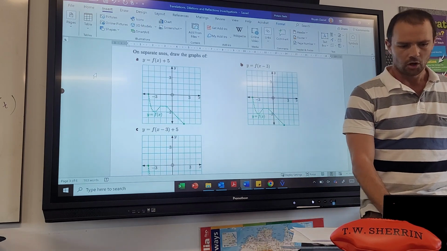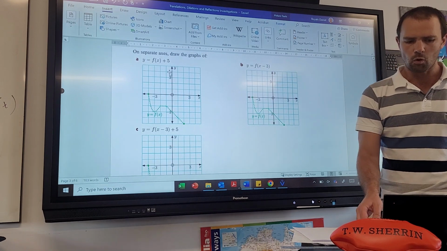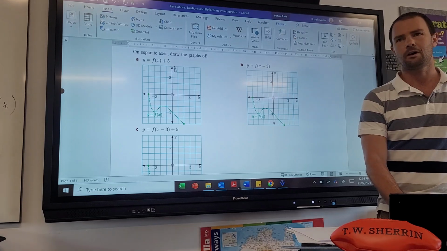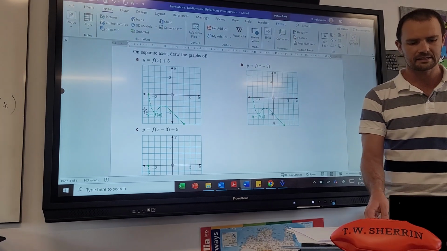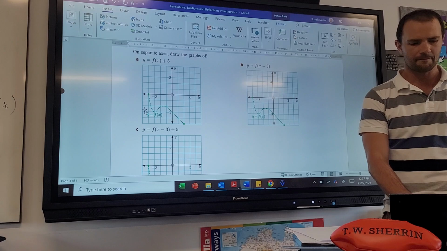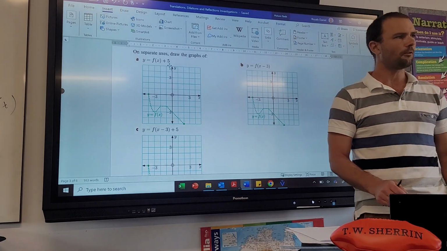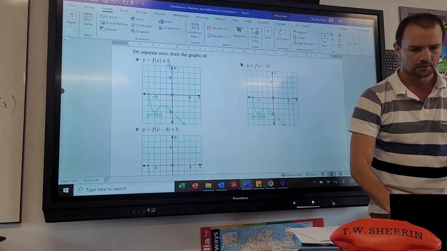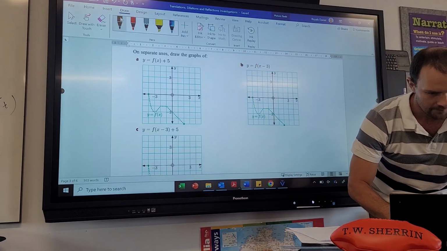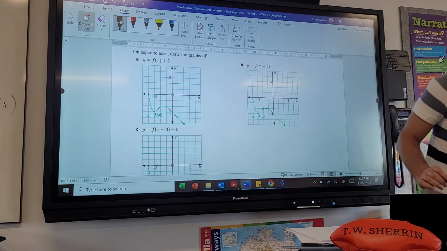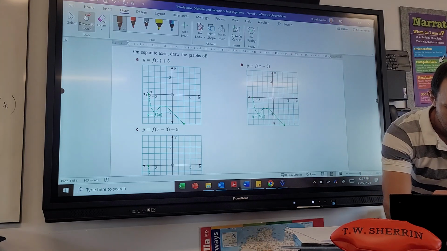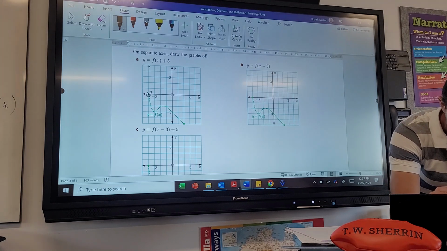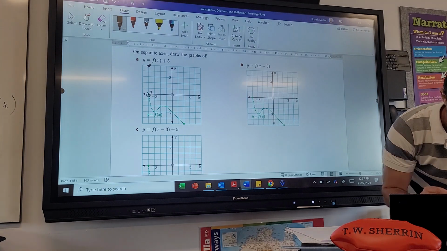What's our job? On a separate axis, draw the graph of y equals f of x plus 5. So on here we can sketch the function y equals f of x plus 5. What's that plus 5 do? It moves everything up 5 units. So this point here is moving up 5 units. There's 0, 5, it's going to be there.